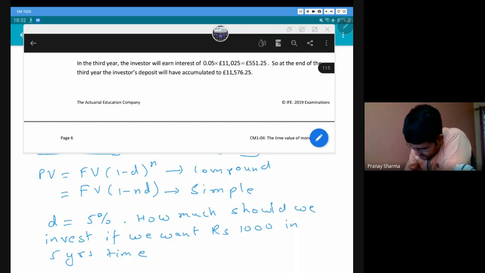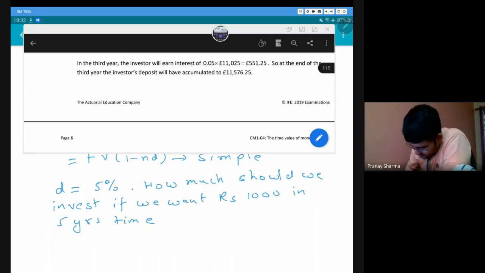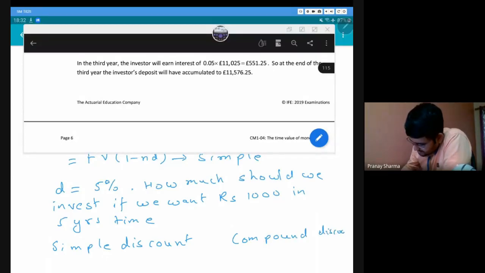Can you find that? Assuming first d is simple discount, and second compound discount. So first we'll talk about simple discount, and then we'll talk about compound discount. So we need to find present value.